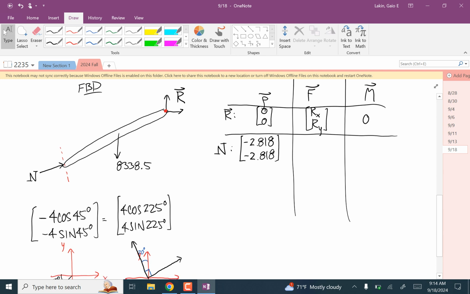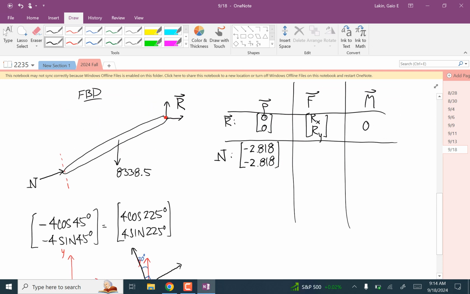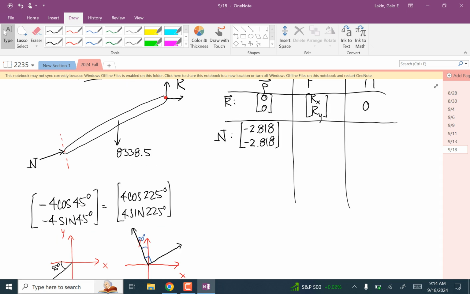And so now that 4 doesn't matter at all, okay? The only thing that matters is we're trying to come up with a unit vector in that direction, and we're going to multiply it by the variable n. A unit vector in that direction is cosine and sine of 20 degrees. So this force is cosine of 20 degrees times n, sine of 20 degrees times n.